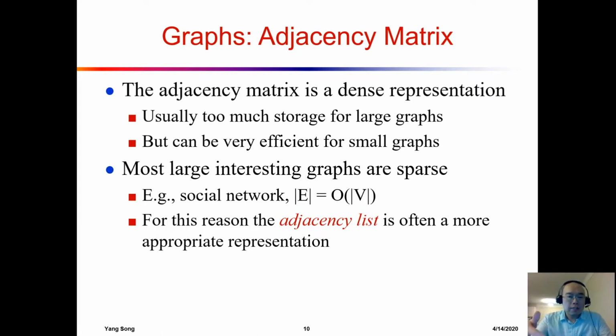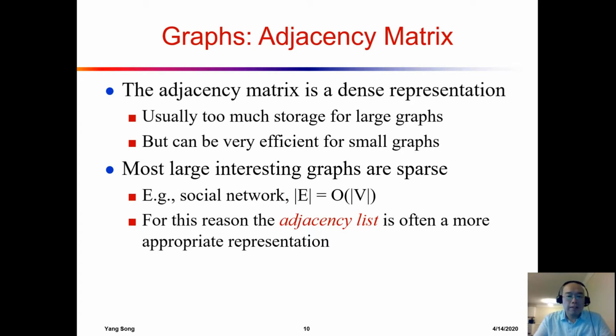So in this case, E will be O of V. The number of edges is O of the number of vertices, V. So it is really sparse. Imagine there are millions of people, and each person only connects to, say, 200 people, and that is a big number.